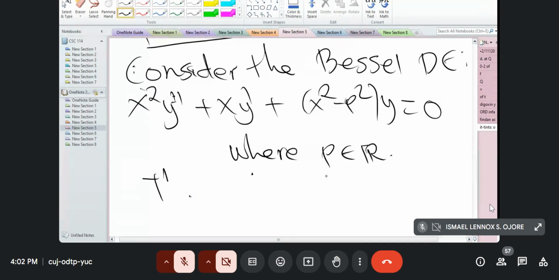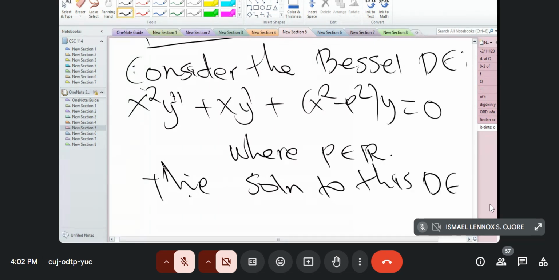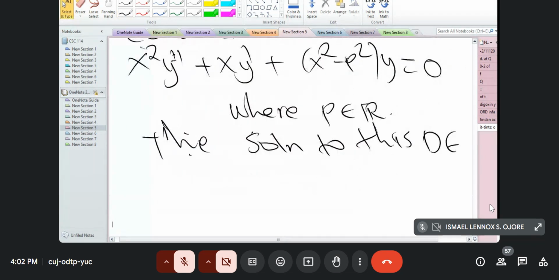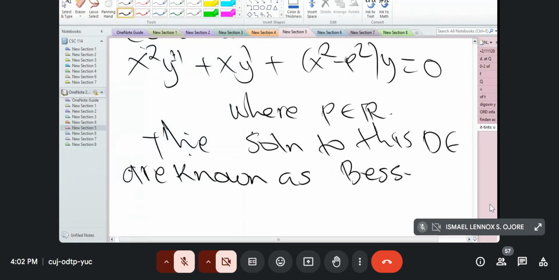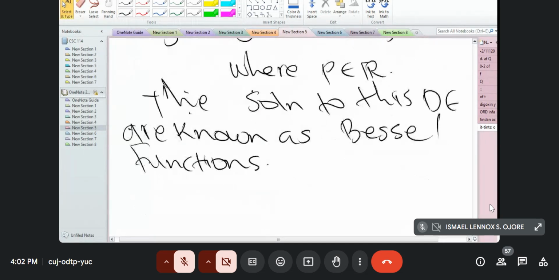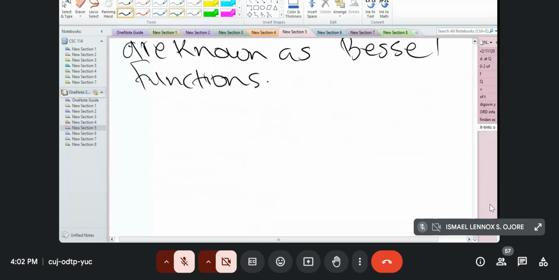The solutions to this DE are known as Bessel functions. How do they arise?